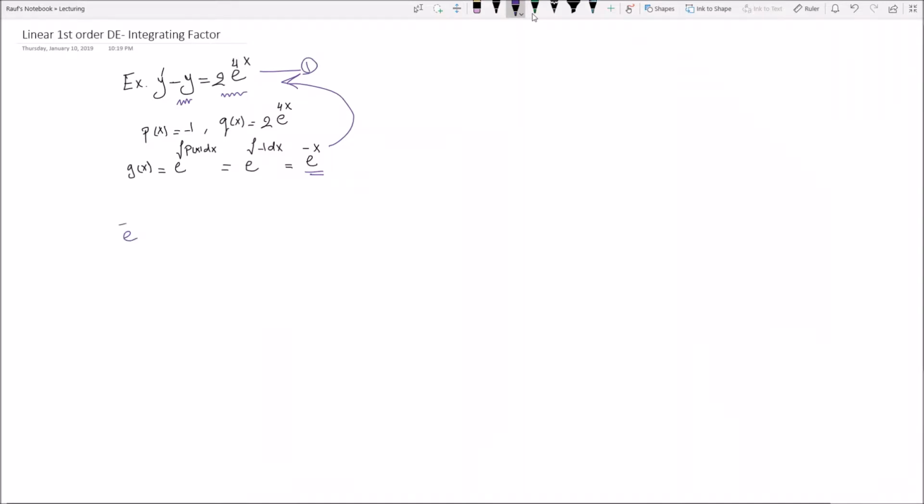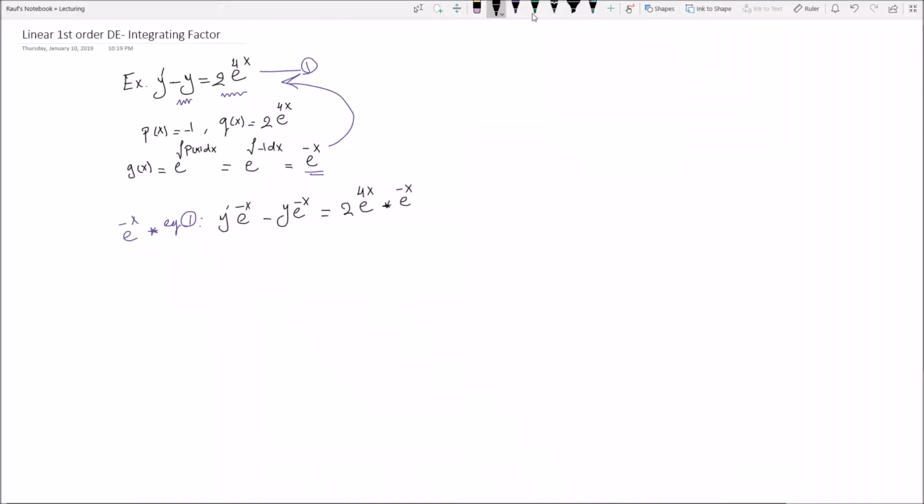So e to the -x multiplied by equation number 1 will give us y prime e to the power -x minus y e to the power -x equals 2 multiplied by e to the power 4x multiplied by e to the power -x.